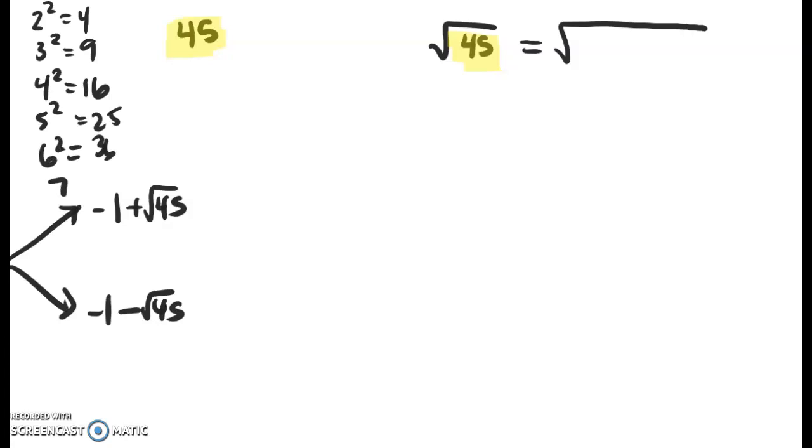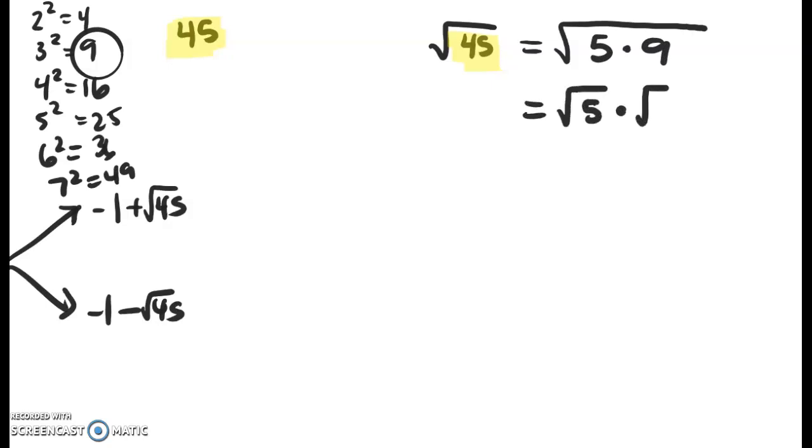If any of these are factors of 45, then we can simplify the square root of 45. 9 is a factor of 45, so I can rewrite this as the square root of 9 times 5, and then split it apart like this. I end up with the square root of 5 times 3.